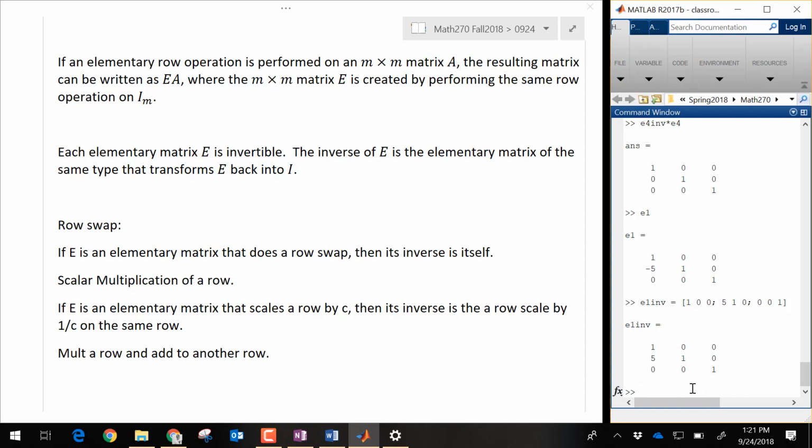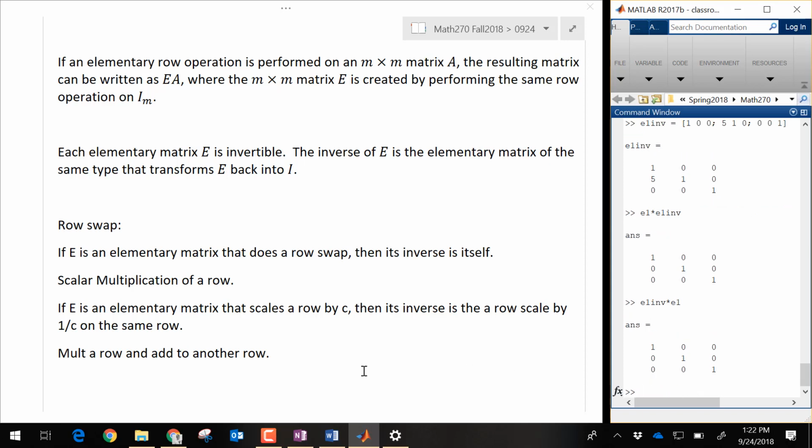Instead of -5, you're going to do +5. And just to check, we'll multiply E1 with its inverse, or what we're assuming is its inverse. E1 times E1 inverse, and that's the identity. And E1 inverse times E1 is also the identity.